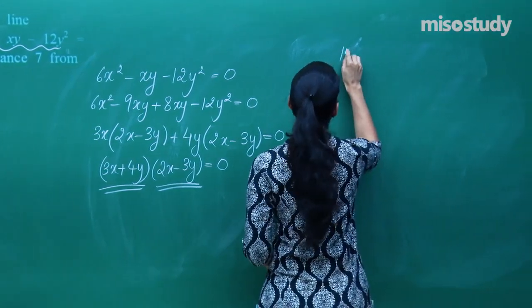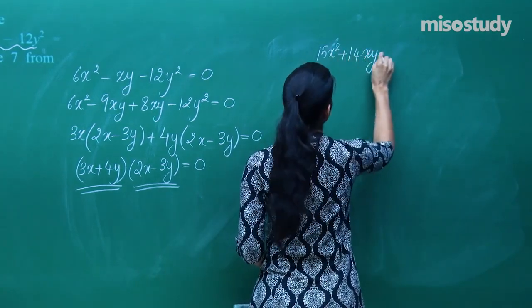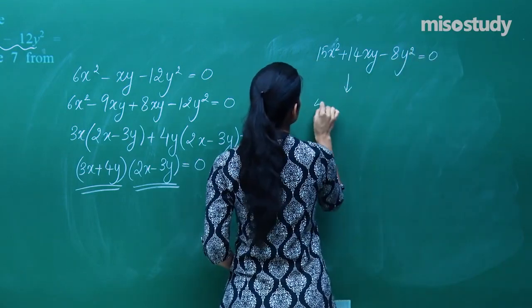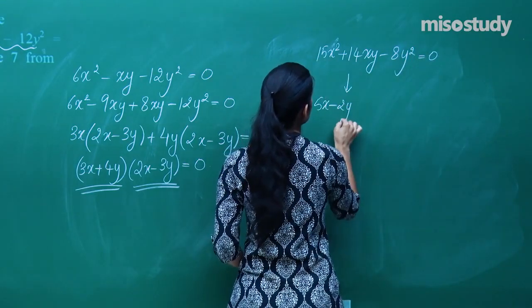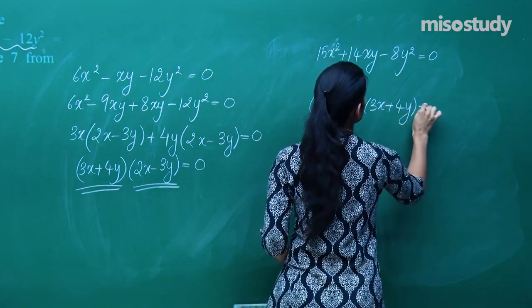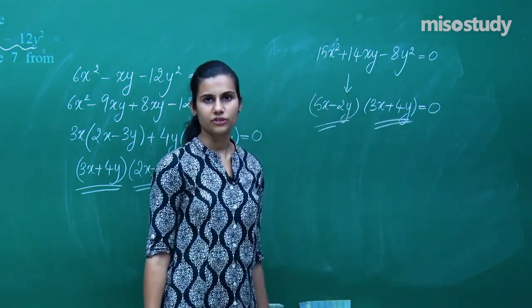Talking about the next joint equation, we have 15x square plus 14xy minus 8y square equals 0. This also resolves and gives you (5x minus 2y)(3x plus 4y) equals 0. So these are the two lines whose joint equation is given by this equation.